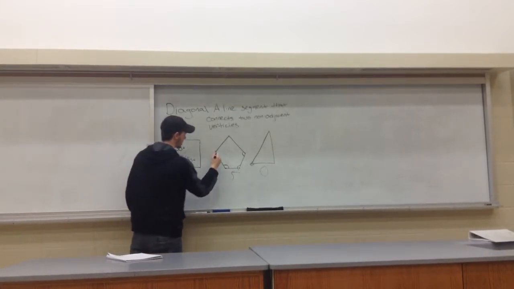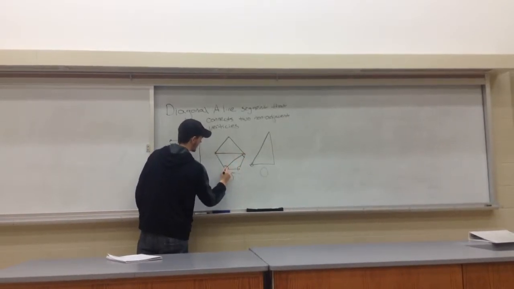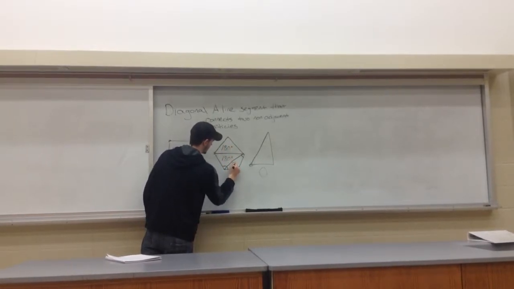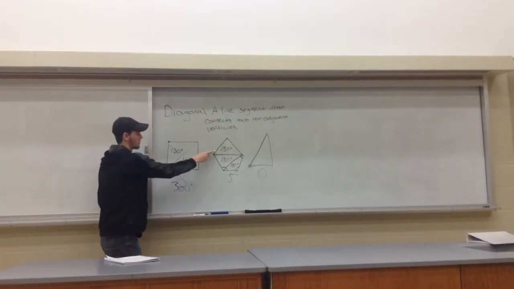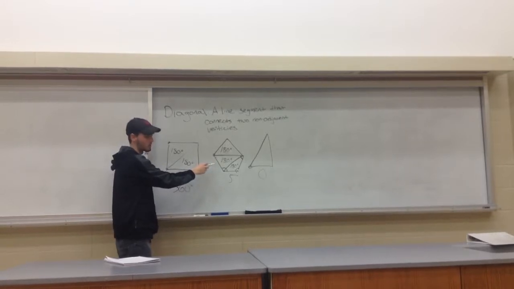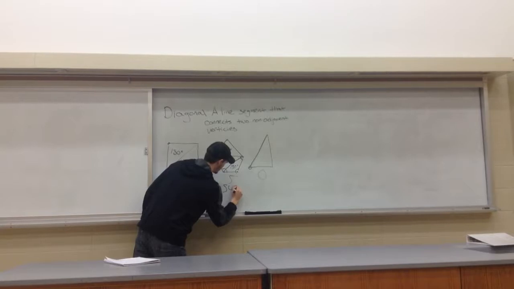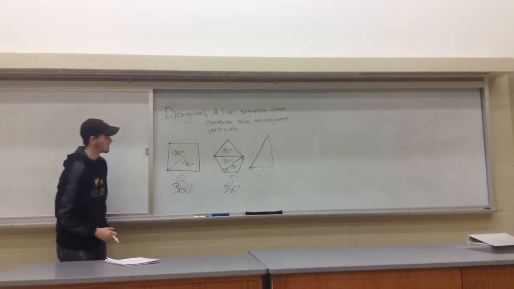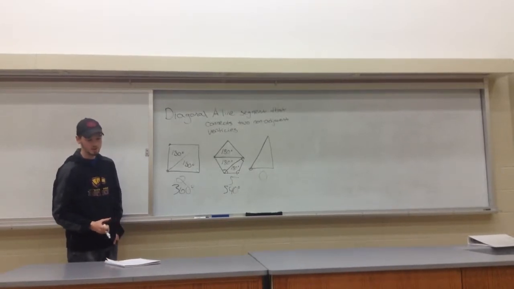If we do the same thing for the pentagon, we have a few diagonals, and now we've got 3 triangles, which each equal 180 degrees. So we have 180, 2 180 that's 360, another one that's 540. And we don't have to worry about the triangle because it doesn't have any diagonals, and it's already 180.